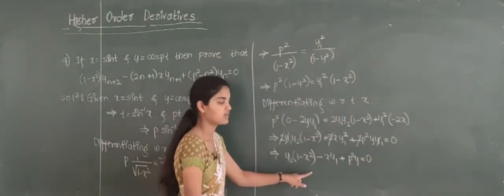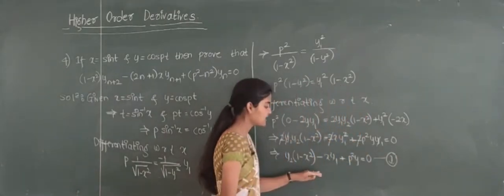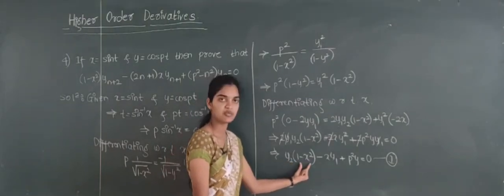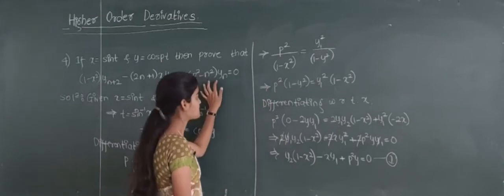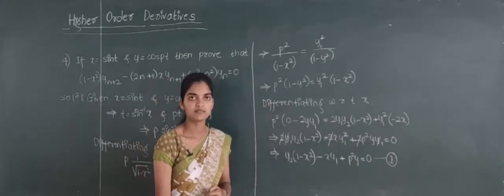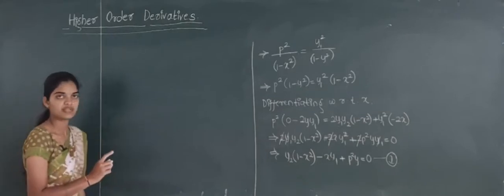Now this is our equation, I will make it equation number 1, and here I will apply the Leibniz theorem. That is, the u into v form is there, no? Now for this term we will apply the Leibniz theorem to get the required result. To apply it, first we will write the Leibniz formula.